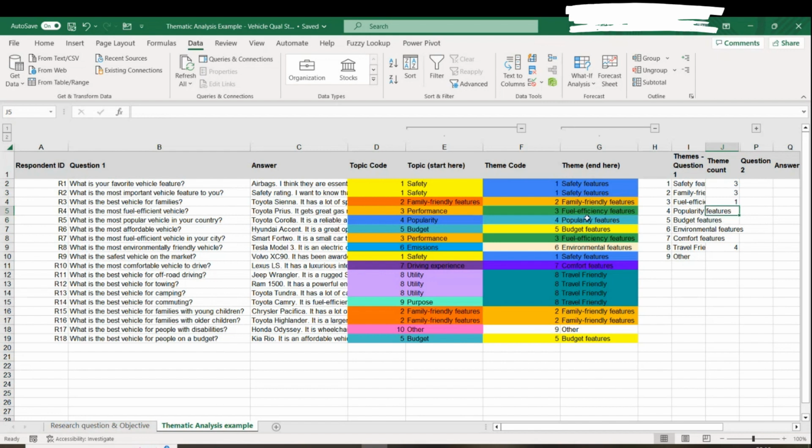Popularity 1, budget 2 times, environmental features comes up once, comfort also comes up once. So you can also isolate the ones and see if you can group these together.